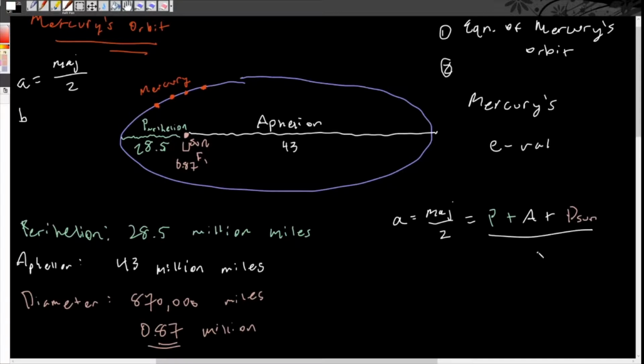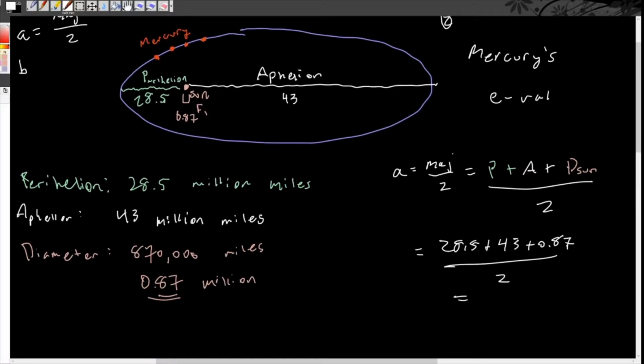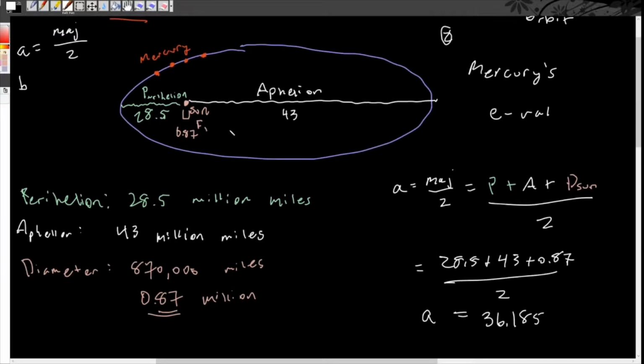And we have all those values already. So we get 28.5 plus 43 plus 0.87 all divided by 2, and we get that A equals, I believe, 36.185. Yes, so A equals 36.185. So we just found that. That's one of the things we need.